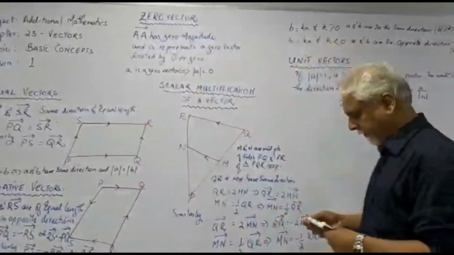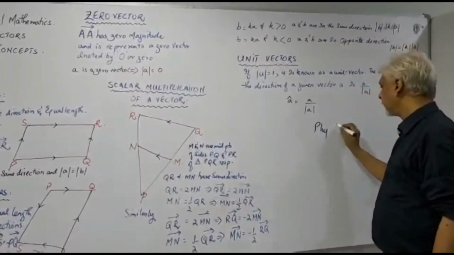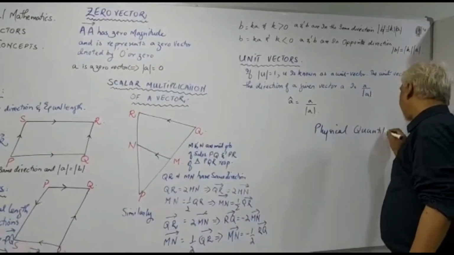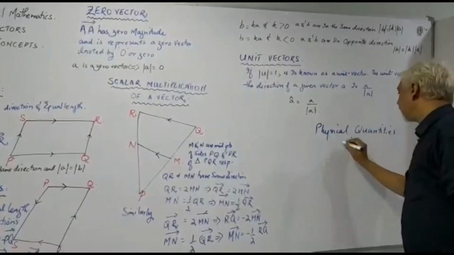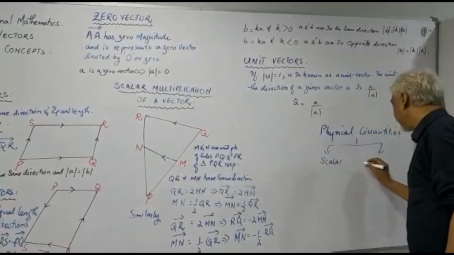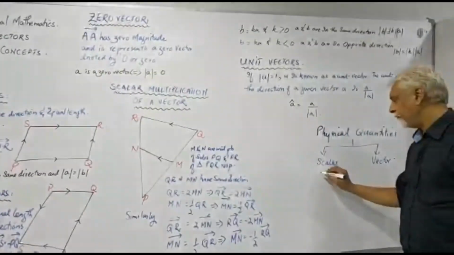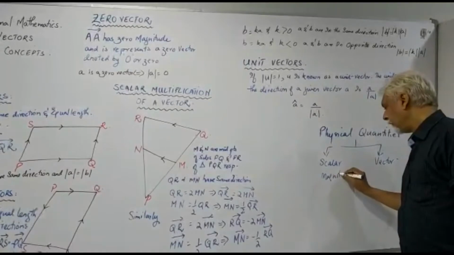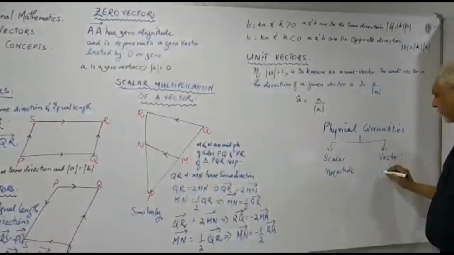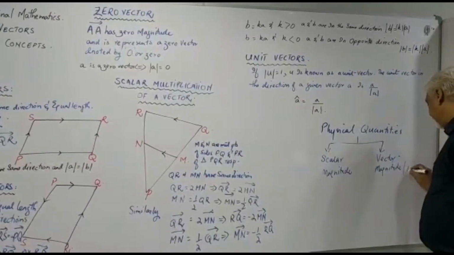Now, you all know that the physical quantities are of two types, that is scalar and vector. Scalar quantities are those quantities which have magnitude and no direction, whereas vector quantities have both magnitude as well as direction.